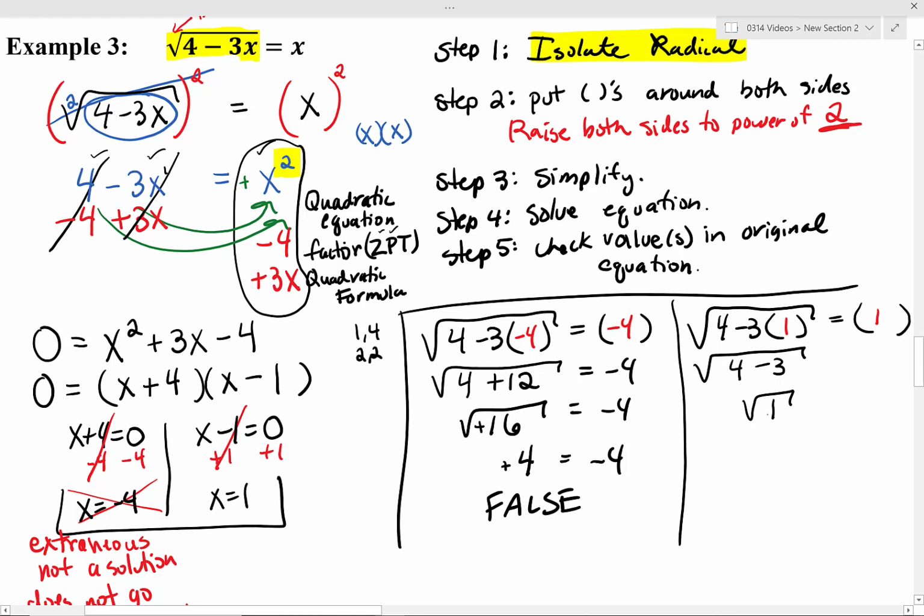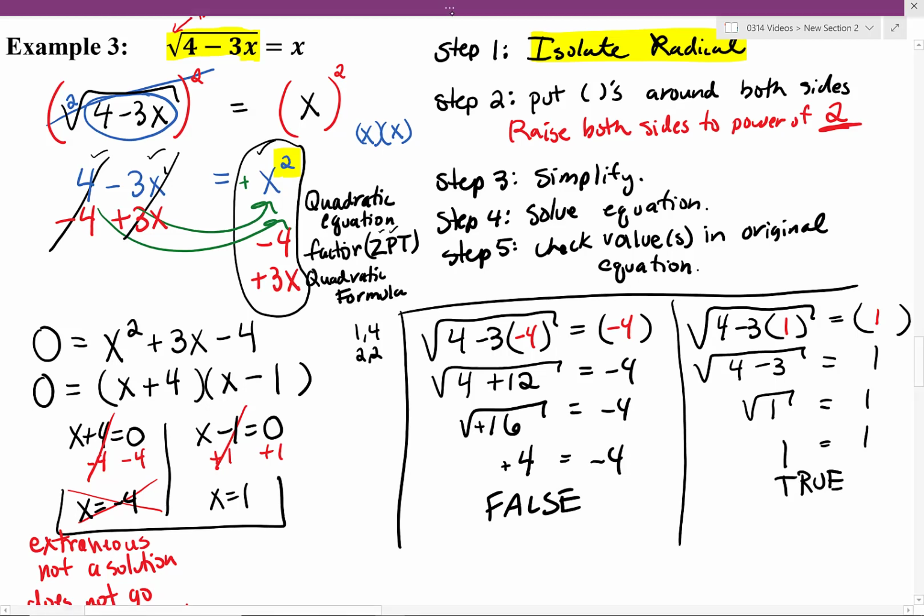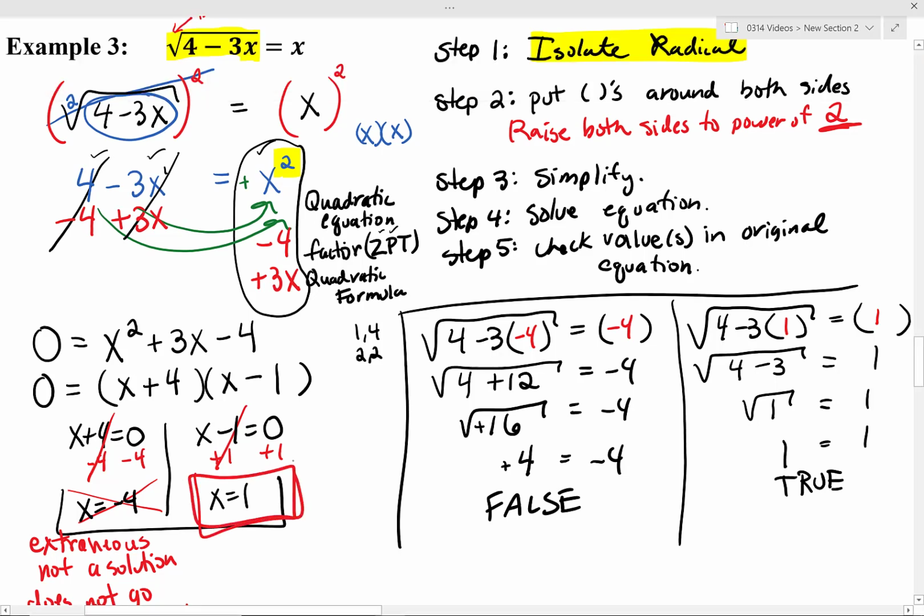What is the square root of +1? Well, it's a +1. Now on the right-hand side, we just have a 1. Is a +1 equal to a +1? Yes, that is true. So what that tells me is that x is equal to 1 is a solution, and I will include it in my solution set.